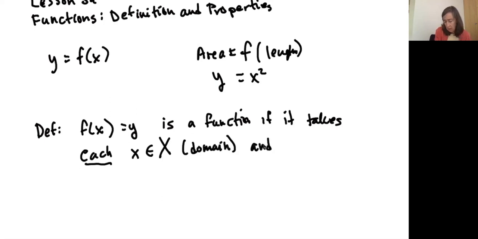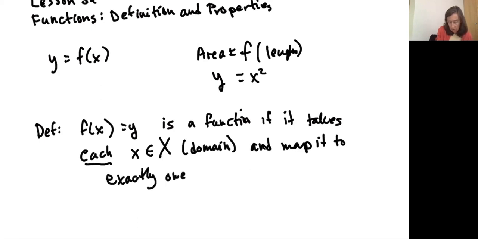And maps it to exactly one. That's our other really important phrase here. Y value that's part of some set, big Y, that we're going to call the range.